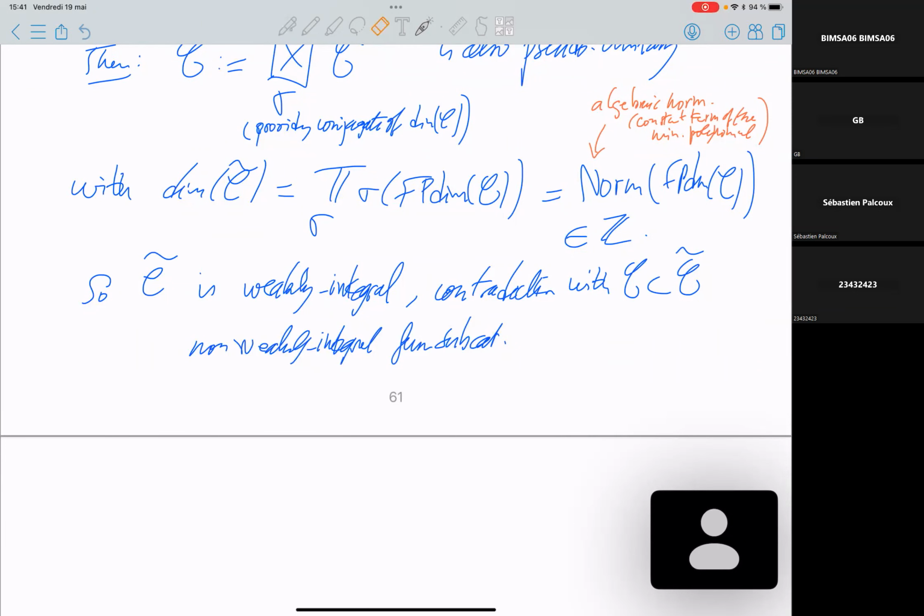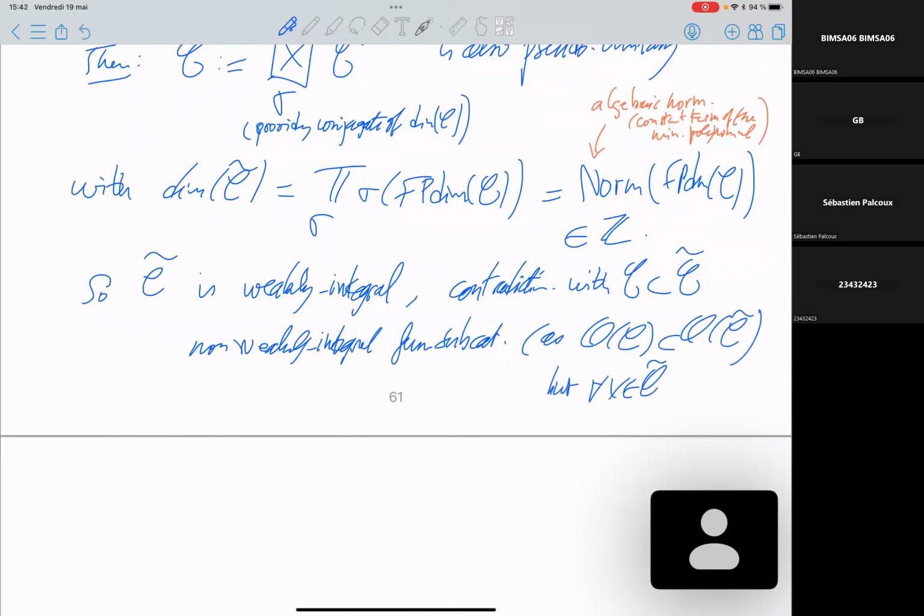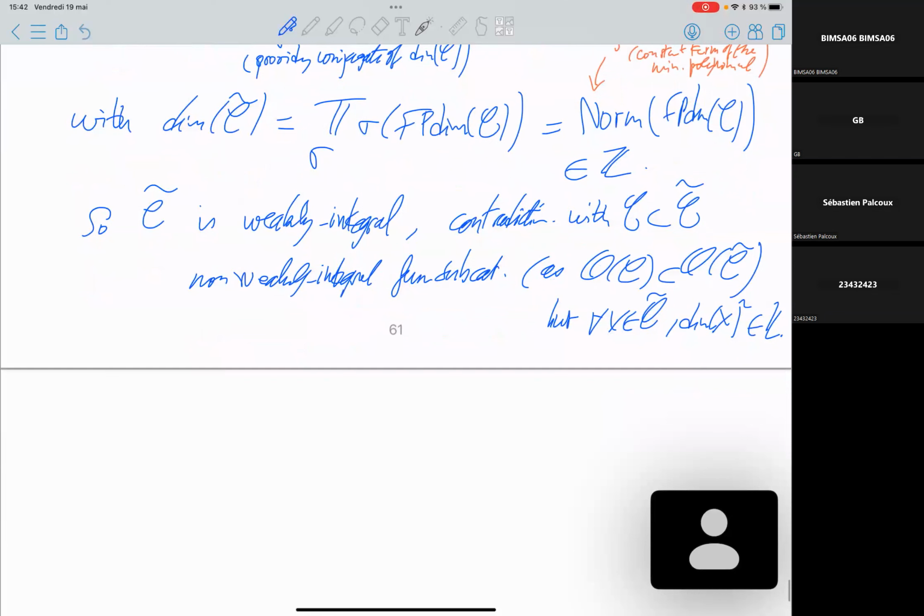Why the contradiction? Because then the simple objects of C are a subset, up to isomorphism, of the simple objects of C tilde, but for all X in C tilde, the dimension of X squared is an integer, and there exists X in C for which it is not. So it's a contradiction.